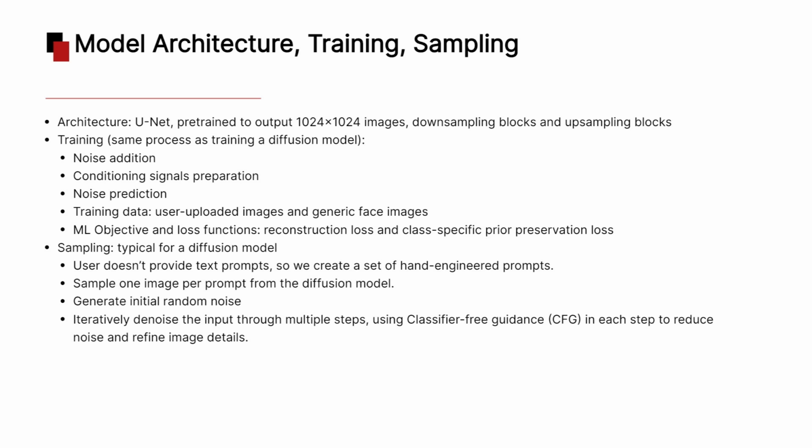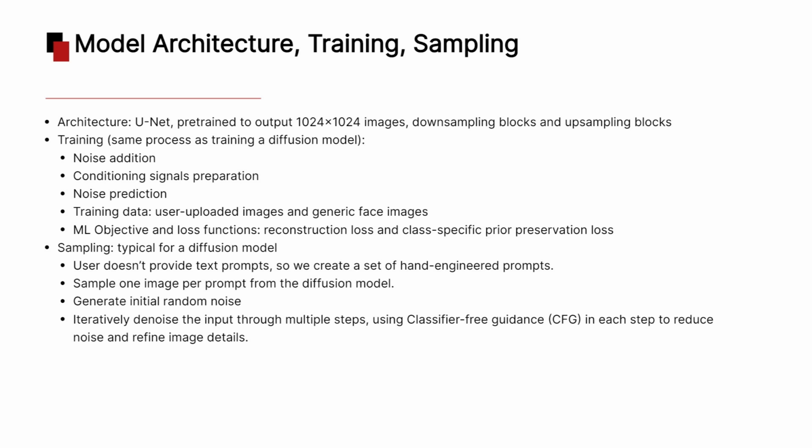When evaluating our personalized headshot generation system, we focus on both offline and online metrics to ensure the model meets both technical quality standards and user satisfaction goals. Offline metrics allow us to assess performance without direct user involvement using automated quantitative methods.